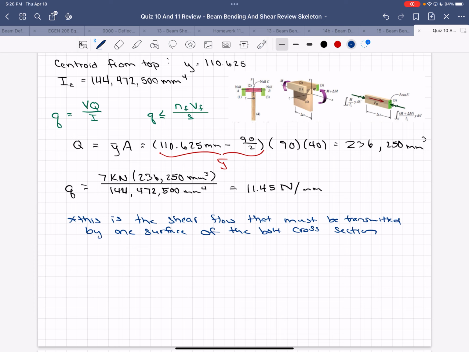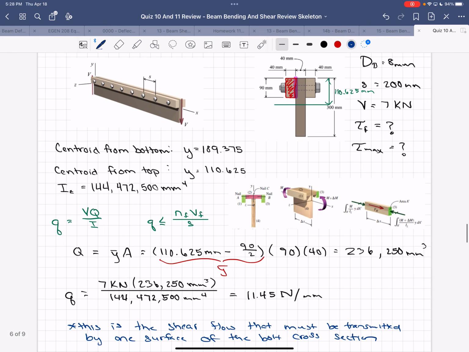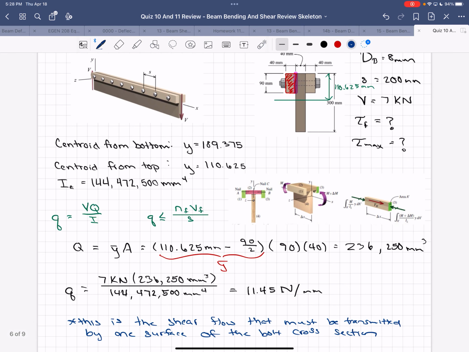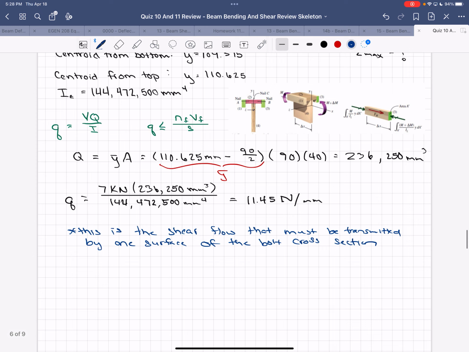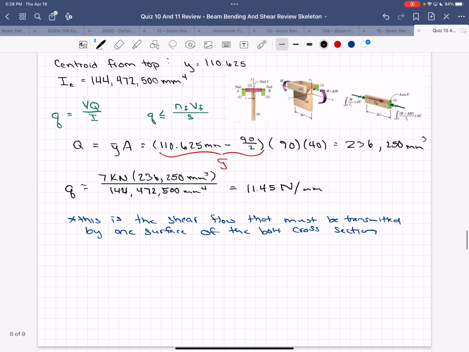Okay, so then we're supposed to find what? Oh yeah, the shear stress of the fastener. You can do that two different ways, right? There's usually more than one way. So now we're back at this equation.